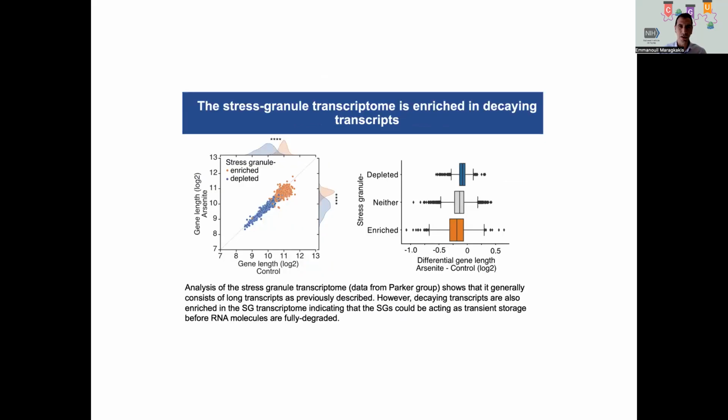So we looked at the possible role of stress granules in this process, and we indeed found that the stress granule transcriptome is enriched in transcripts that show increased shortening, indicating that these membraneless organelles might be playing a role in the storage of these decaying RNA fragments, perhaps until the stress is resolved, so that the cells can then deal with these RNAs after the stress is resolved.